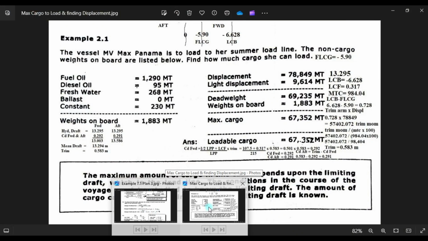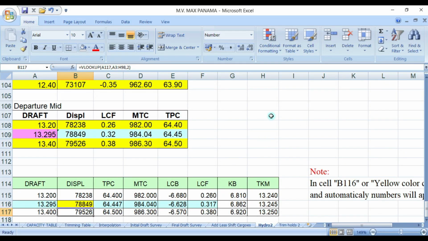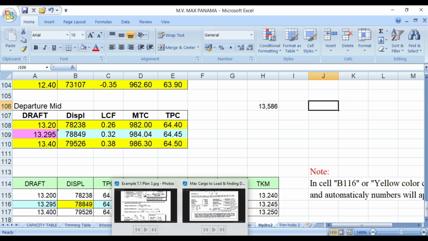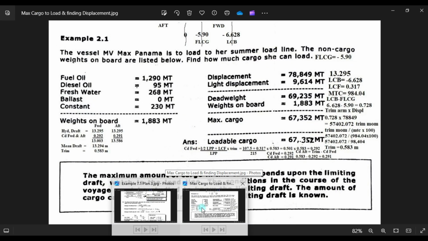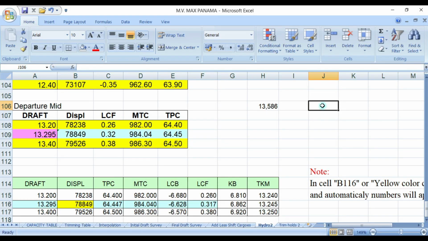You have 13.586 for aft, and forward will be 13.003.